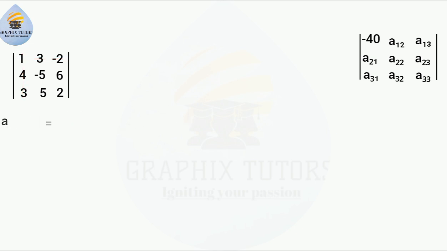A12 means the minor element in the first row, second column. The element in the first row, second column is the minor element 3. If you consider 3, you take out 3 down the column and across the row, you'll be left with 4, 3, 6, 2.